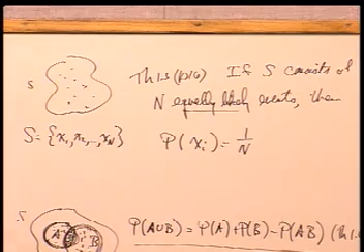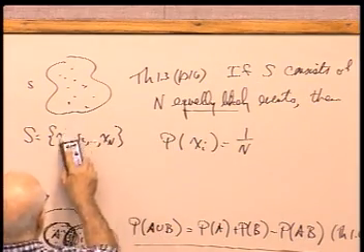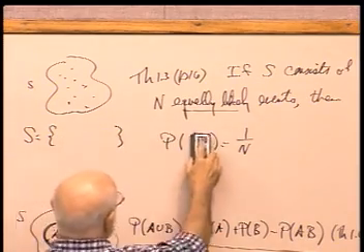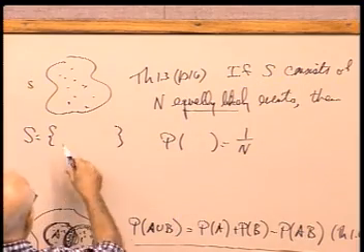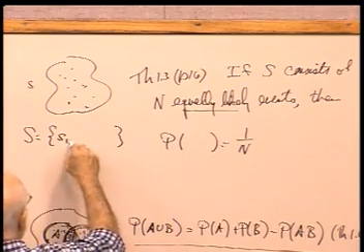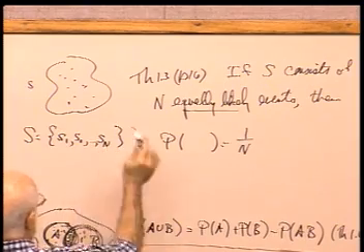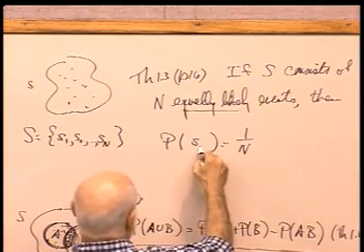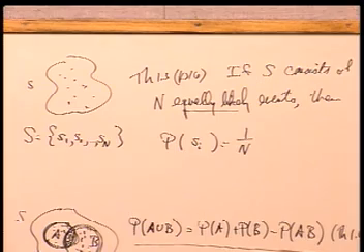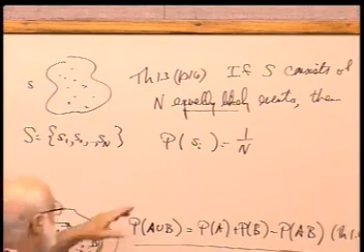Actually, in the book, the author calls these S. So let me use his notation. He calls the sample points S1, S2, Sn. And so this is the probability of Si, the ith point. Okay, so what is he saying here?